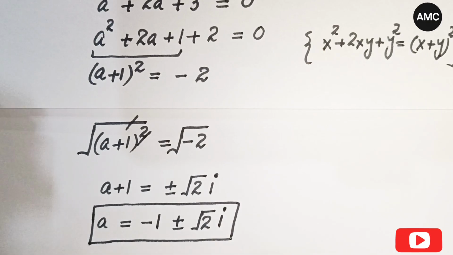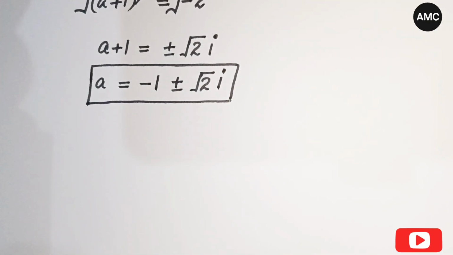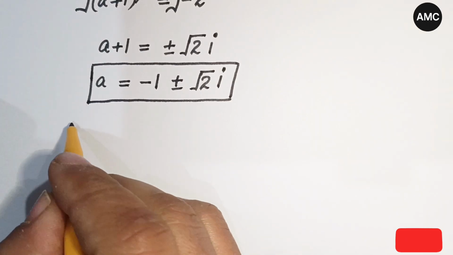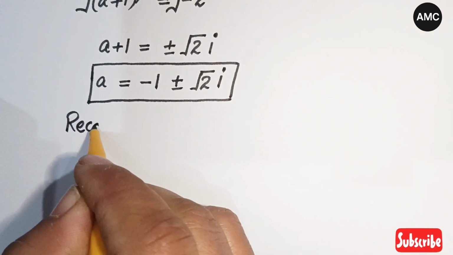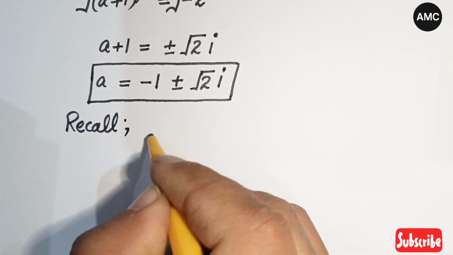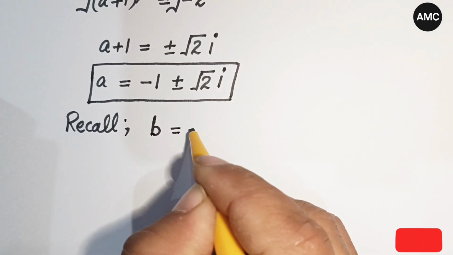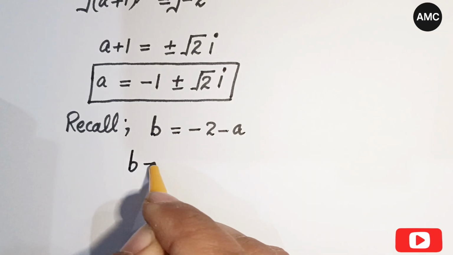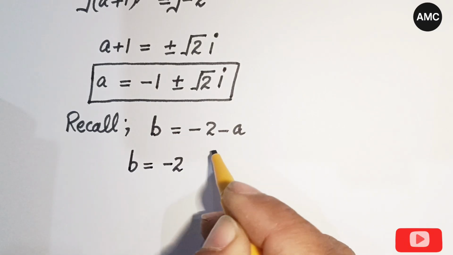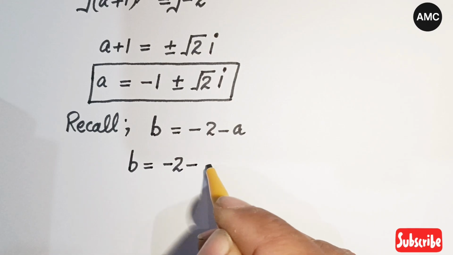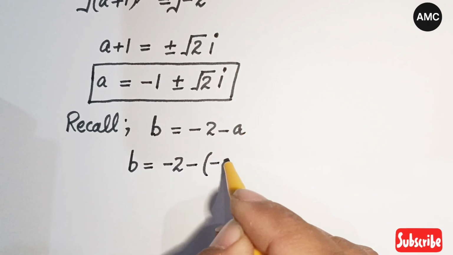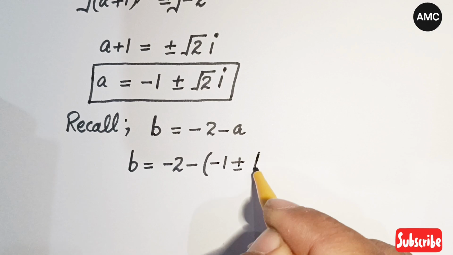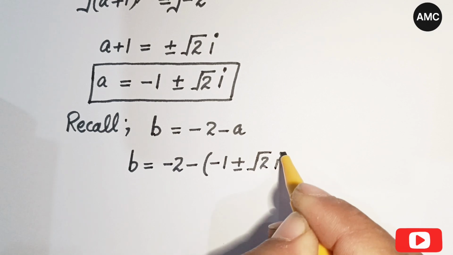Now we have to find the value of b. Recall this equation here, that b is equal to minus 2 minus a. So b is equal to minus 2 minus (minus 1 plus minus square root of 2i).